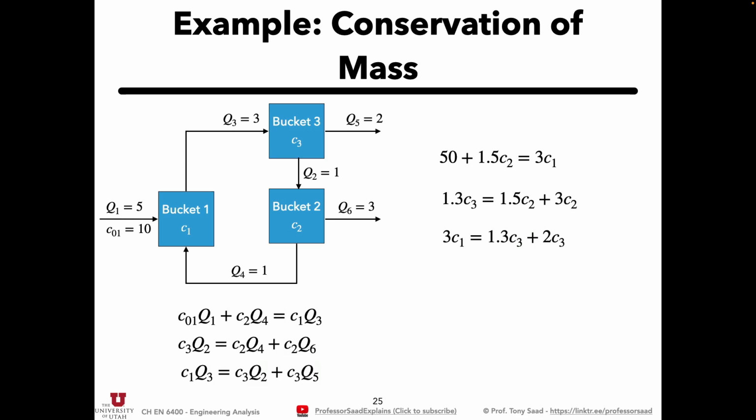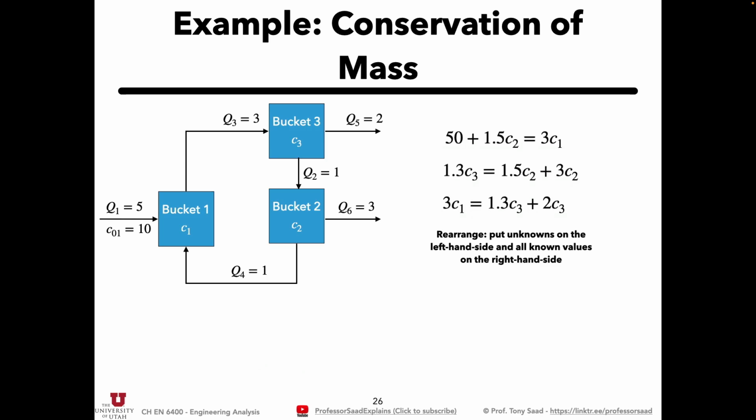Typically what you want to do is move all the unknowns to the left-hand side, and everything you know, you put on the right-hand side. So for the first equation, we have 3C1 minus 3 half C2 equal 50. For bucket 2 it is 4.5 C2, etc., equals 0. And for bucket 3, minus 3C1 plus 3.3 C3 equals 0.